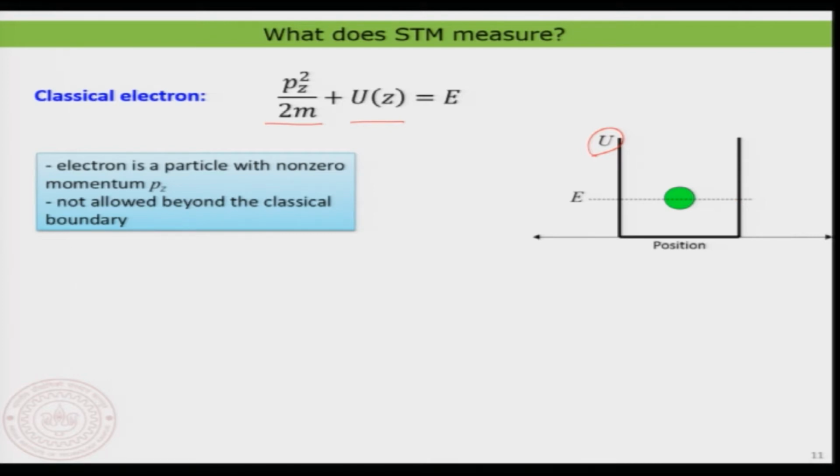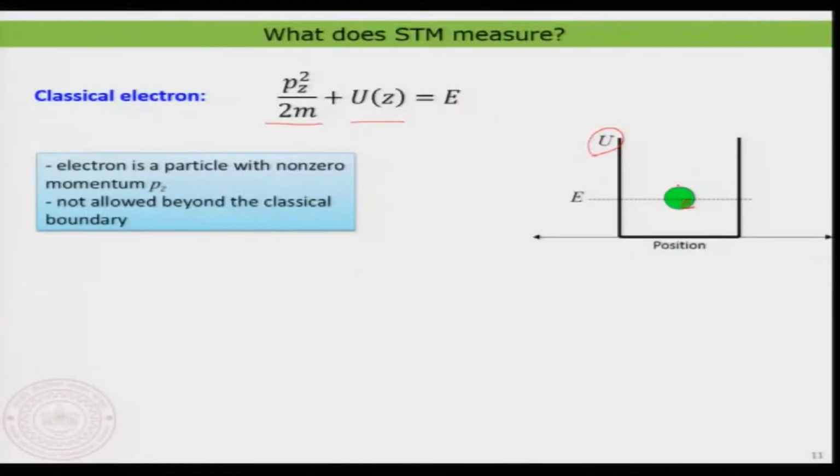Imagine you have your electron, and that electron has a certain energy E. This energy is much lower than the height of the potential barrier.